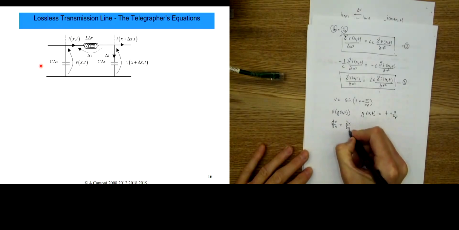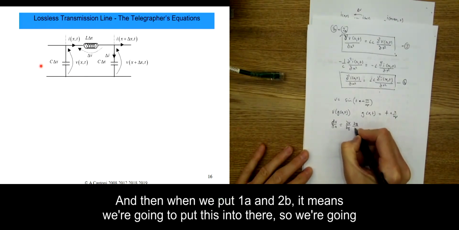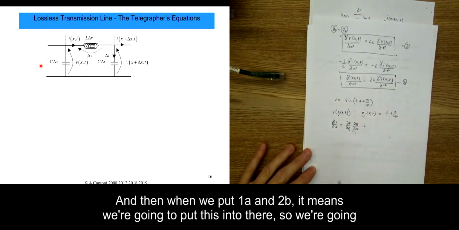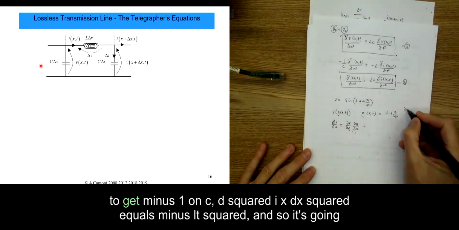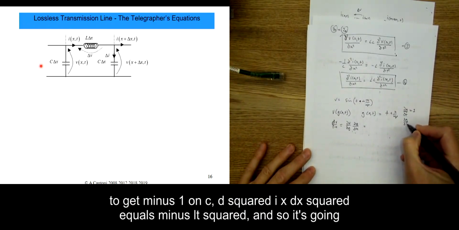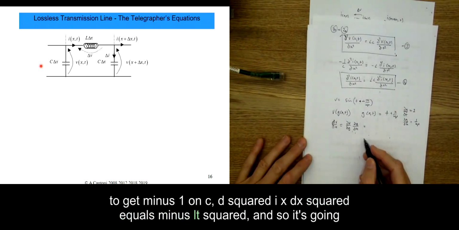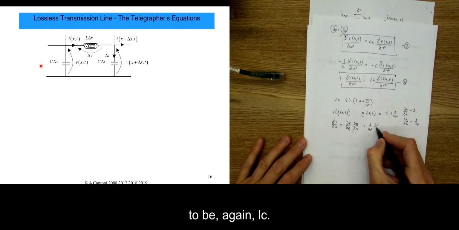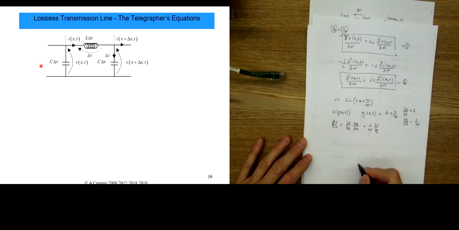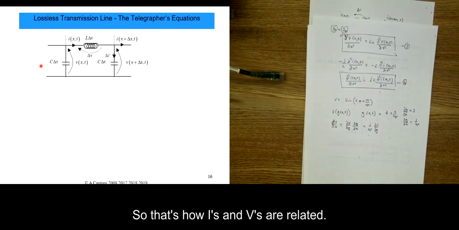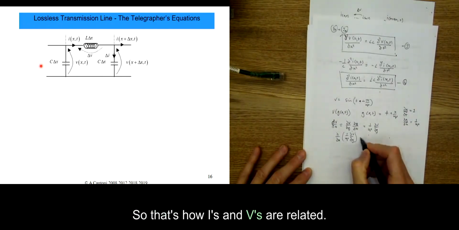That's 3. Then putting 1a and 2b together, we get d squared I/dx squared equals LC d squared I/dt squared. So that's how I's and V's are related.